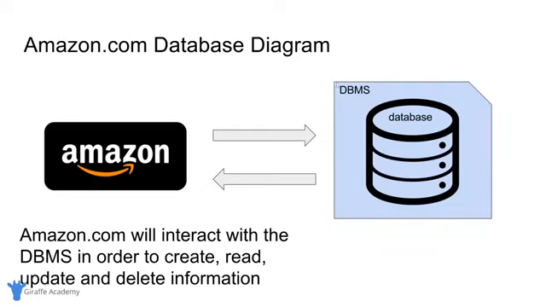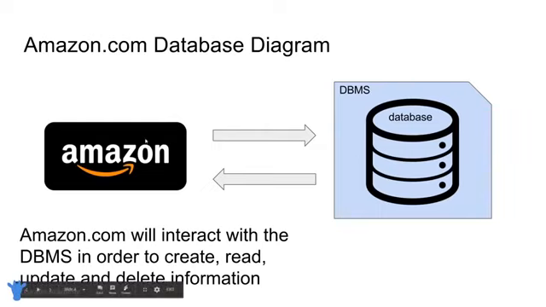So we have our database management system, which is this little box here. And the database management system is creating and storing and keeping track of a database. So the database management system isn't the actual database. The database management system is the software application that is creating, maintaining, updating, deleting information from the actual database.